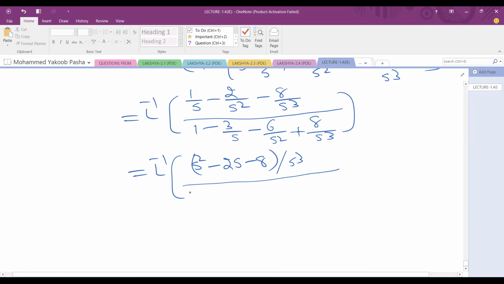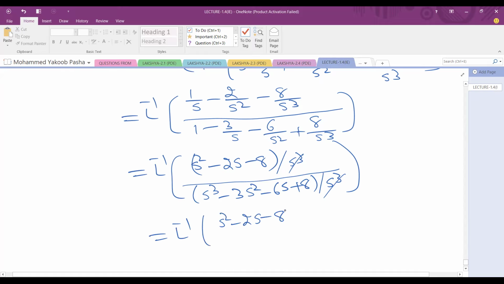In the denominator, s cube minus 3s square minus 6s plus 8 by s cube. s cube will be cancelled. So L inverse of s square minus 2s minus 8 by s cube minus 3s square minus 6s plus 8, it is a cubic equation.